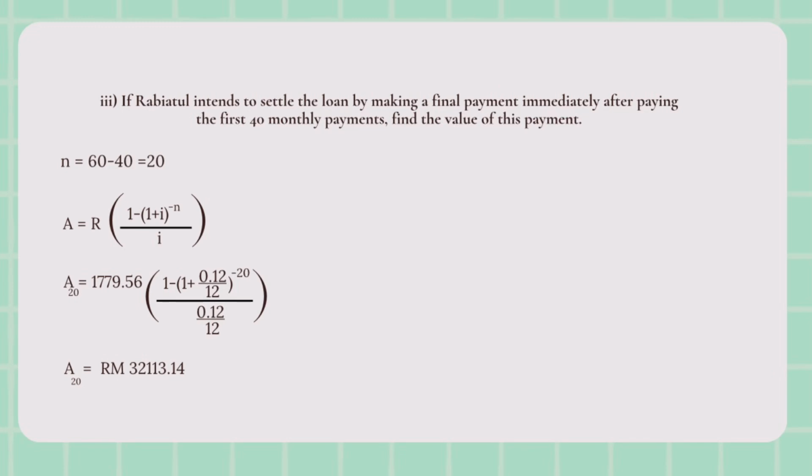The final amount that Rabiatul must pay to settle the loan immediately is 3,230 ringgit 40 cents. So the final payment required to settle the loan after 40 monthly payments is 3,230 ringgit 40 cents. Thank you.